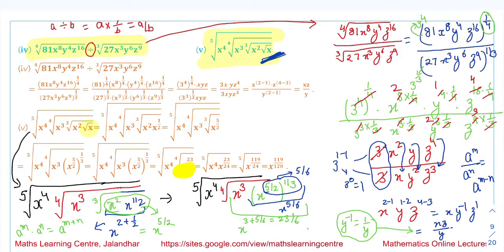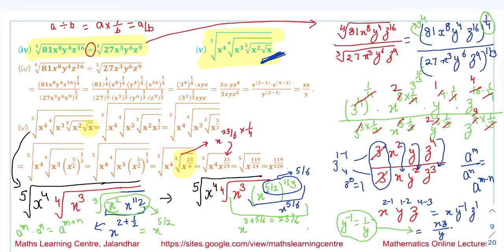So we are having the answer in this form. This is up to this step, that it is the fourth root of this. So when you solve the fourth root for this, it will become x raised to the power 23 by 6 into 1 by 4, and the answer will become 23 by 24.